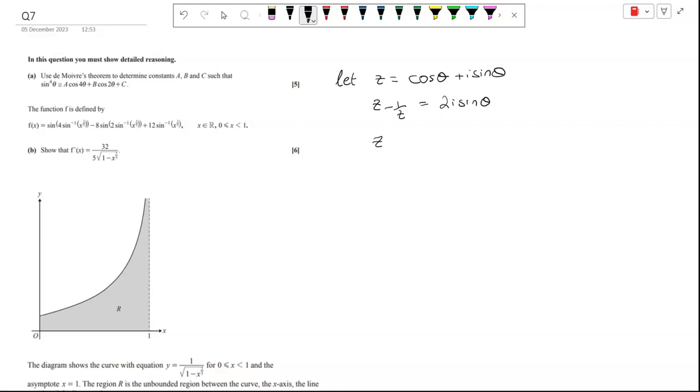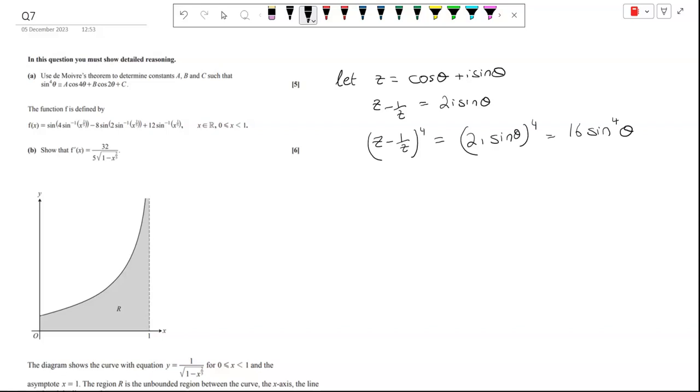And so here we want sine to the power 4, so it's z minus 1 over z to the power 4, which is going to be 2i sine theta to the power 4, which is 16, and i to the power 4 is 1, so 16 sine to the power 4 theta.